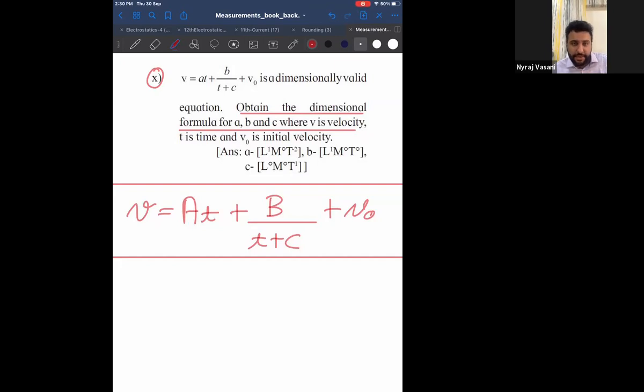Answer is given in the module itself. That means answer is given here. You should make it a point to tell me whether you are getting the same answer or some other answer.